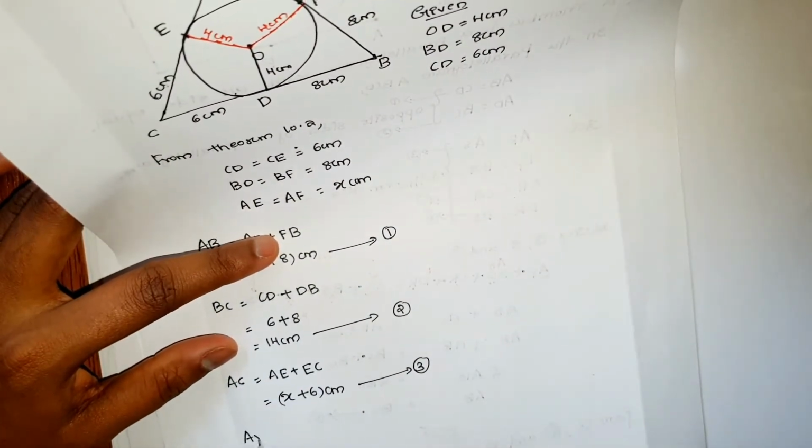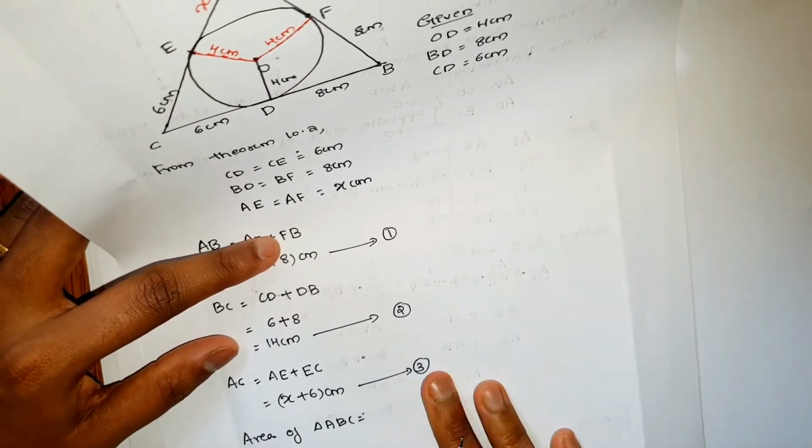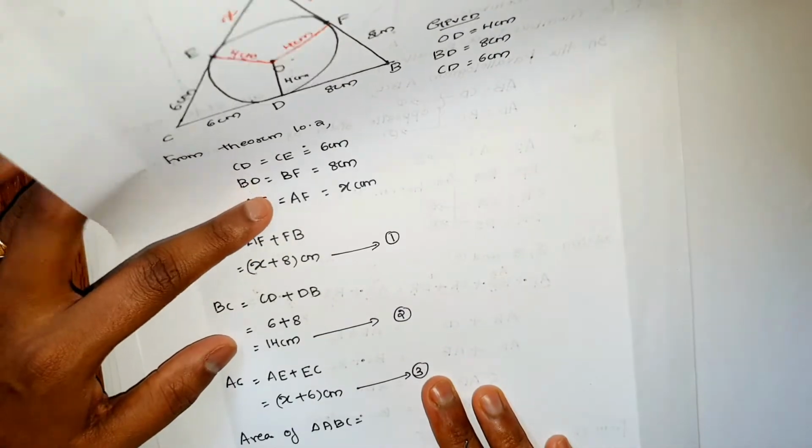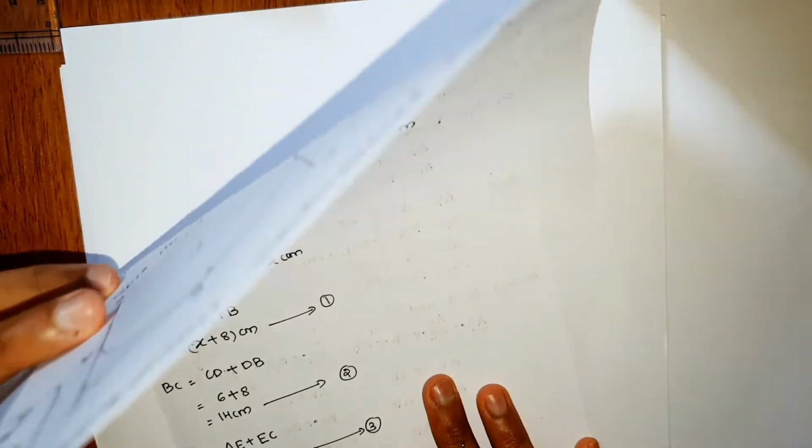So, what is the area of triangle ABC? This is not a right angle triangle, so we can't use half into base into altitude. So, we are using Heron's formula here.